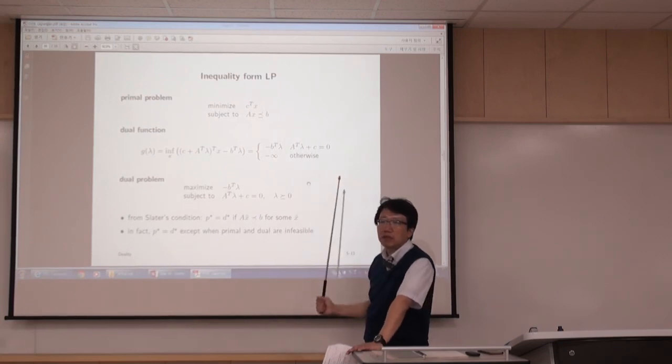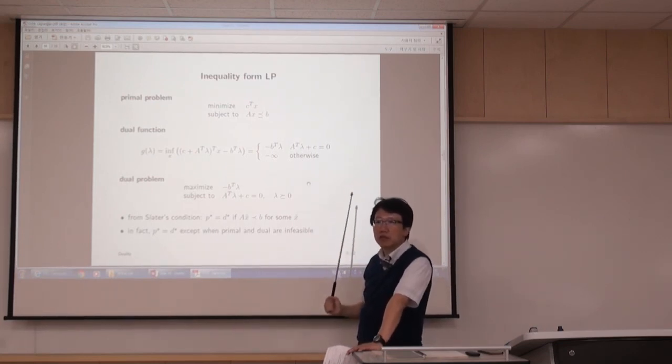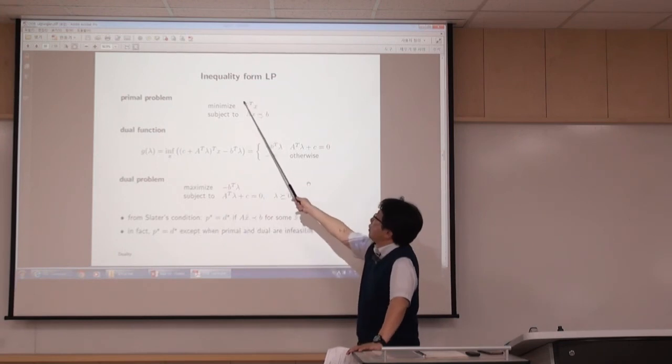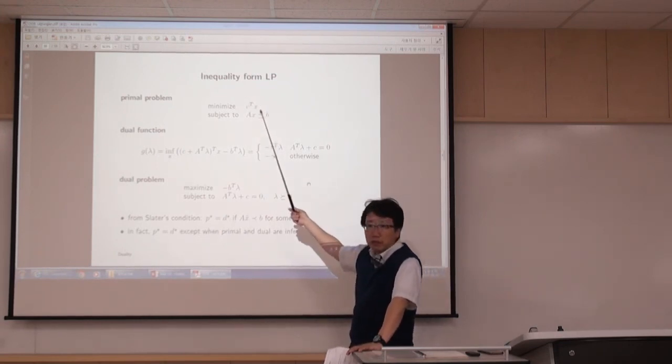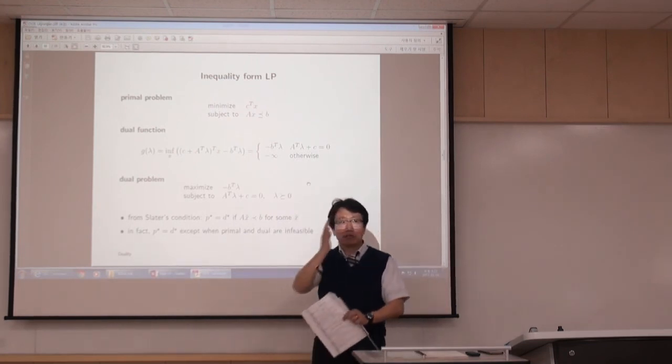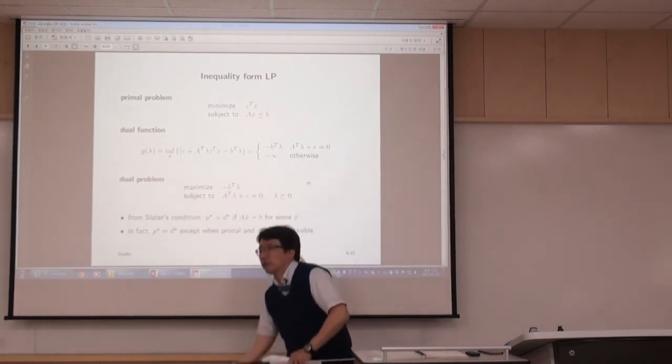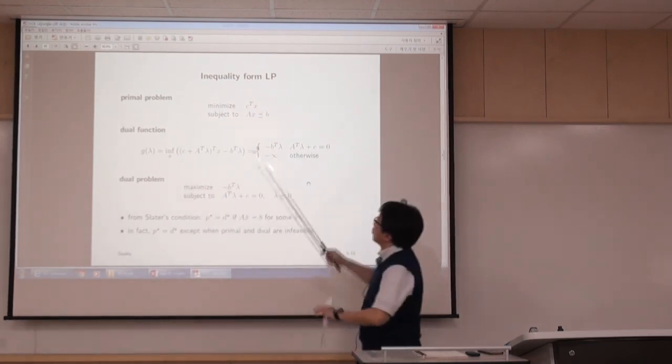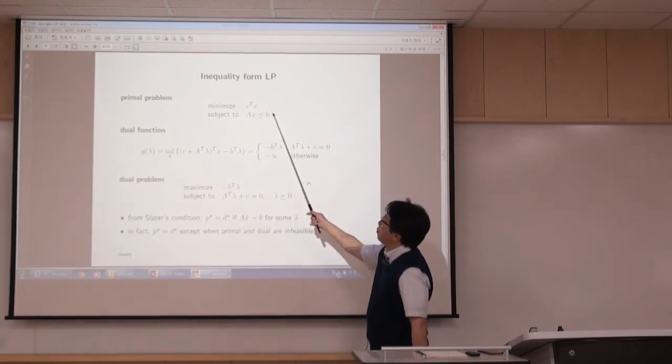This satisfies Slater's sufficient condition because a linear function is a convex function, very special. It's convex and at the same time concave. And this one consists of an intersection of half planes, right? So you understand component by component.